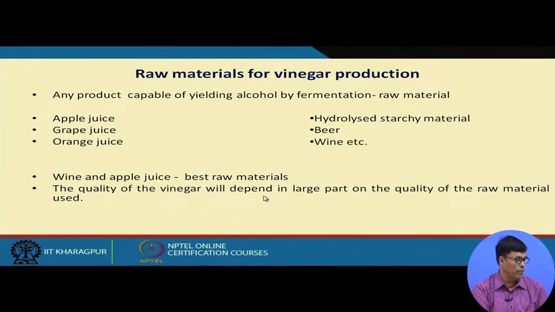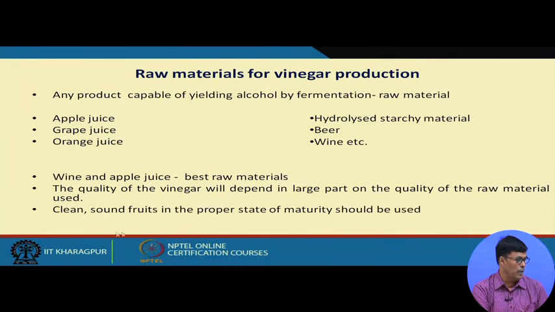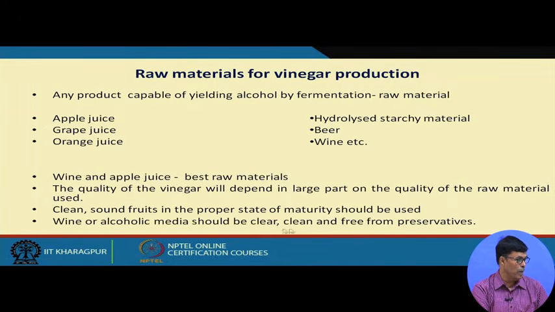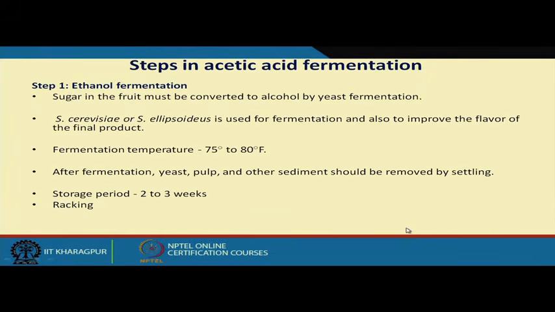The quality of the vinegar depends largely on the quality of the raw materials. Clean and sound fruit in proper state of maturity should be used, and the wine alcohol media should be clear, clean and free from preservative, so that your organism can grow properly.